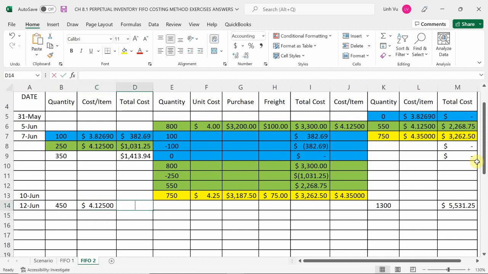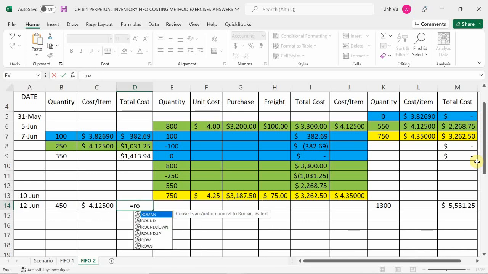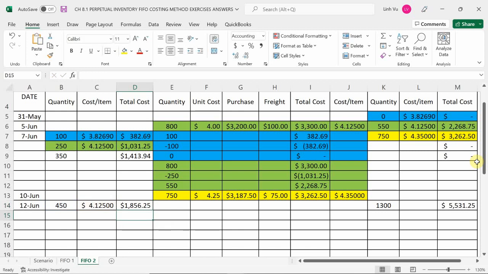Okay, good. So what's my grand total cost of goods sold here? $1,856.25. Good.